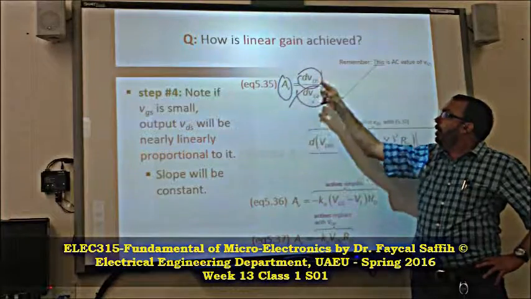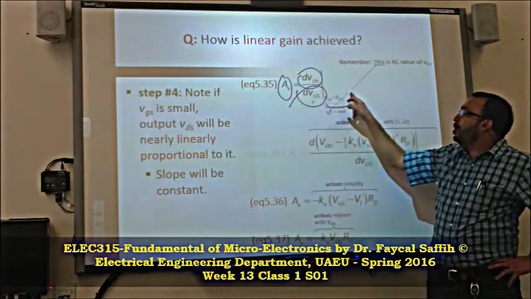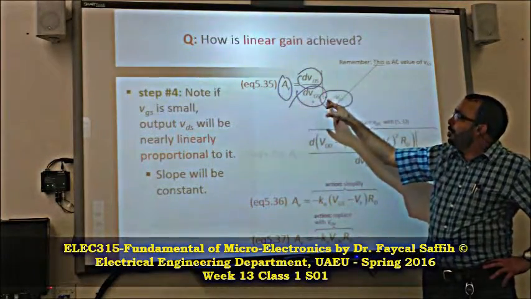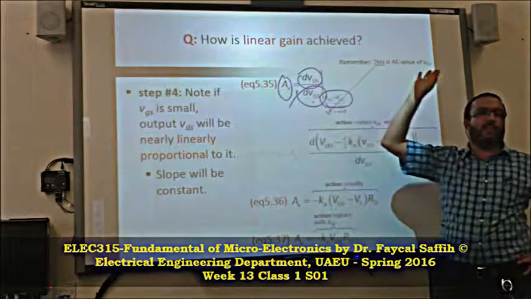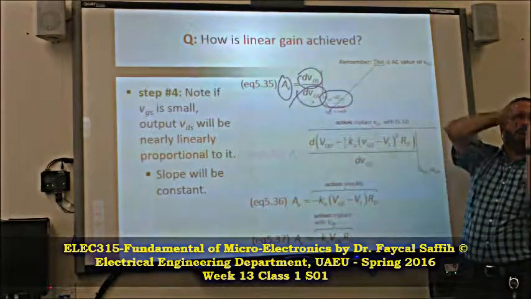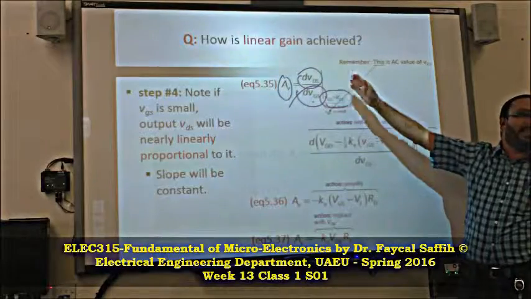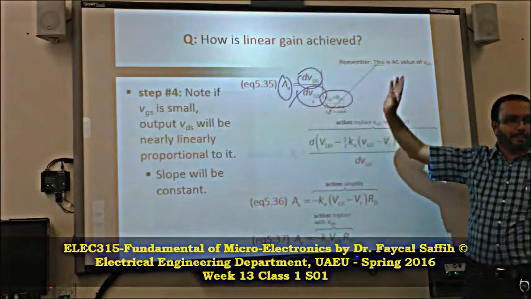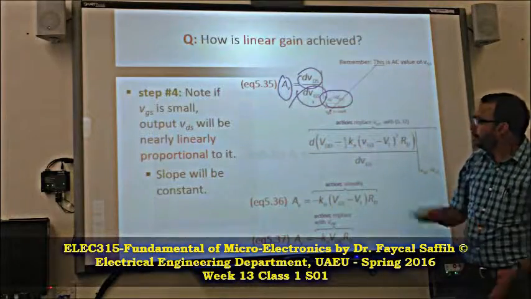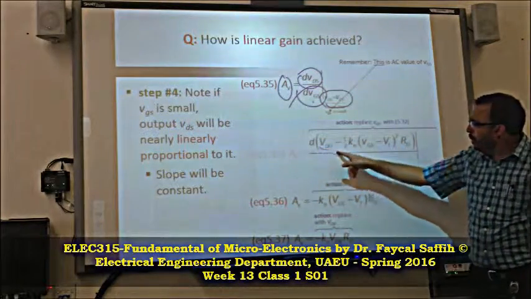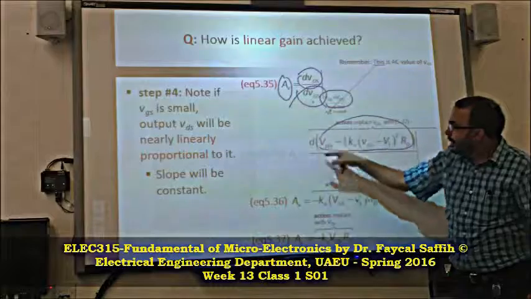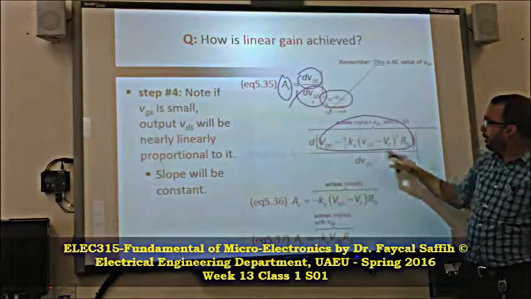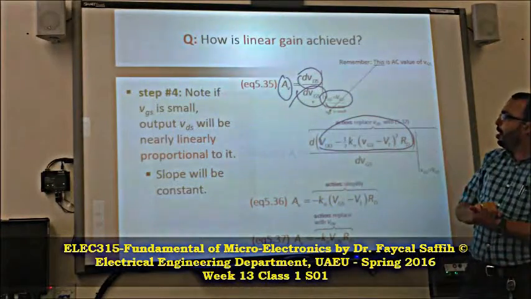We do this derivation where VGS is so small that the instantaneous voltage is almost the DC voltage, which means the AC input is almost zero. That's what it means. So we do the derivation of VDS with respect to VGS.